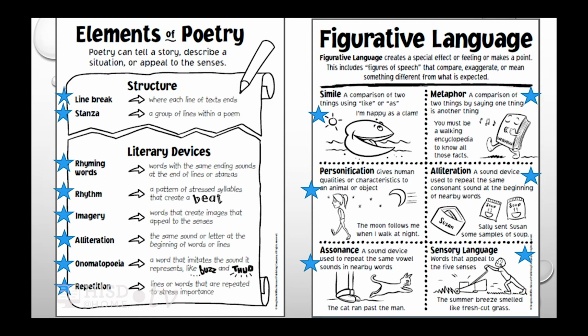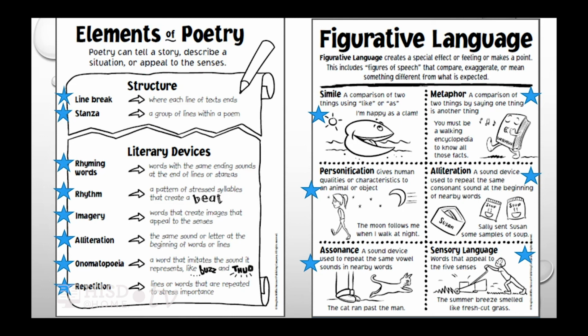A personification gives human qualities or characteristics to an animal or an object. The moon follows me when I walk at night. Alliteration is a sound device used to repeat the same consonant sound at the beginning of nearby words. Sally sent Susan some samples of soup.